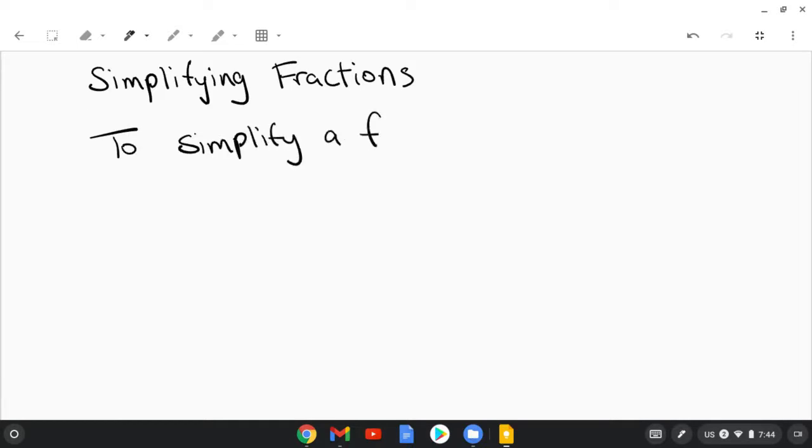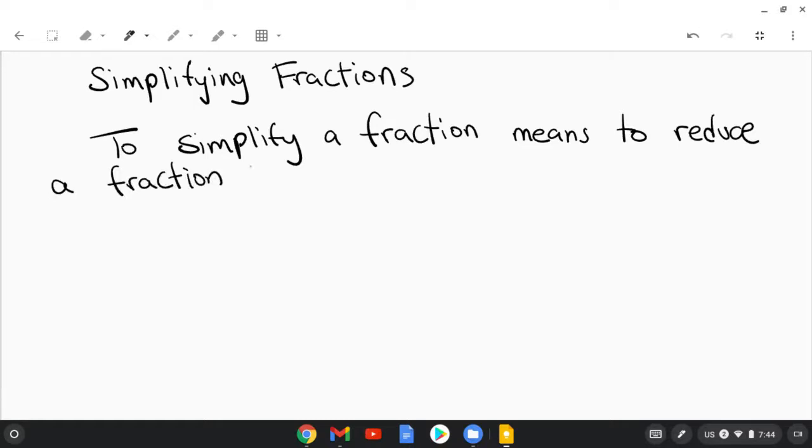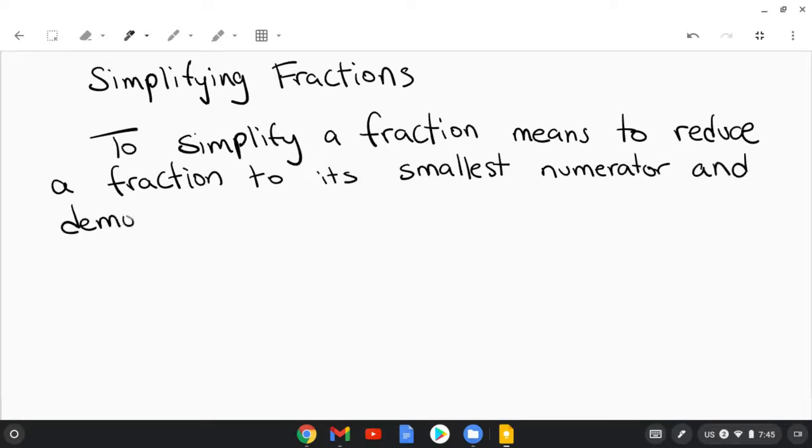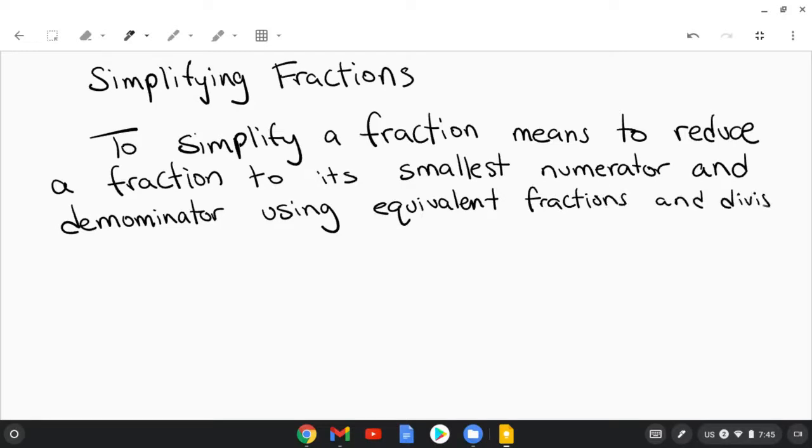To simplify a fraction means to reduce a fraction to its smallest numerator and denominator using equivalent fractions and division. We can't change the value of the fraction, we just want to write it smaller.